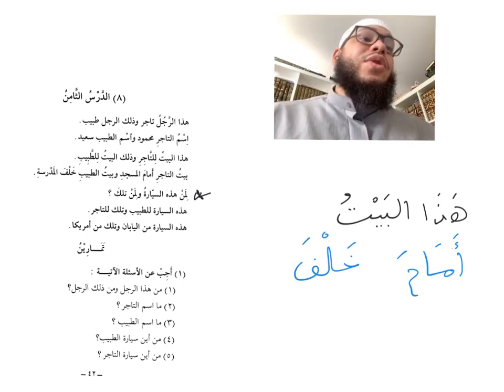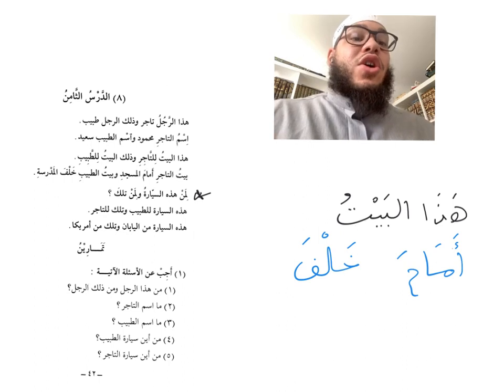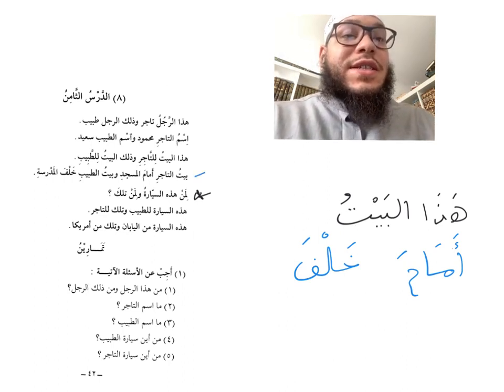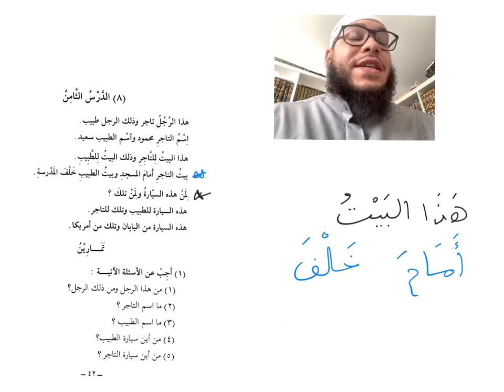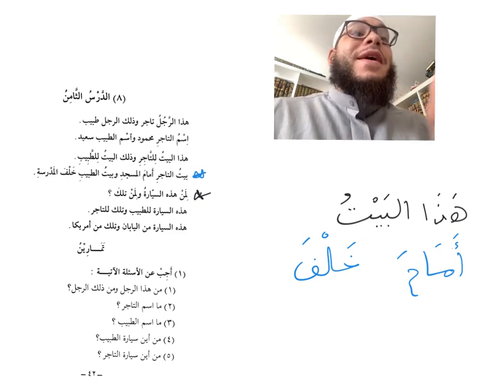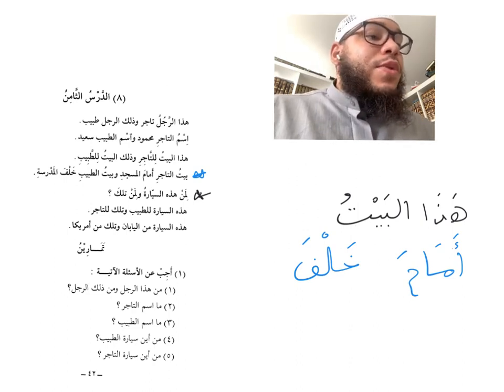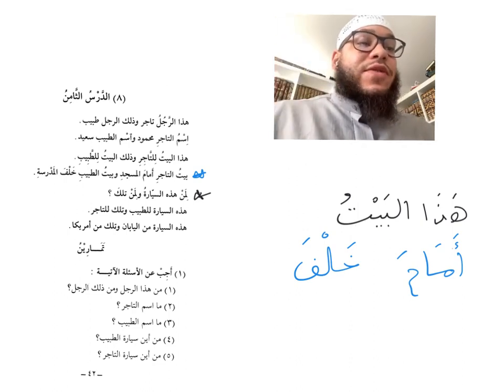These are what we call adverbs of place. Now, in this sentence here, Baytul Tajiri, the merchant's house, Amama al-Masjidi, is in front of the masjid. Now, Amama, we use it as a possessive construction.